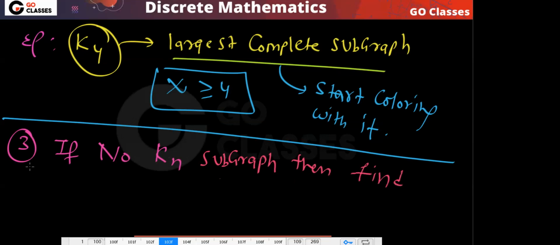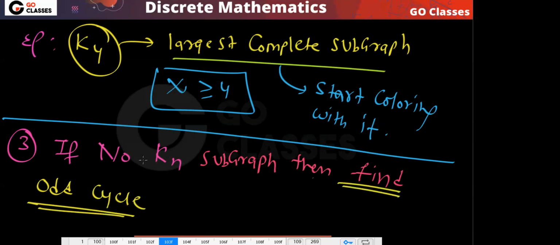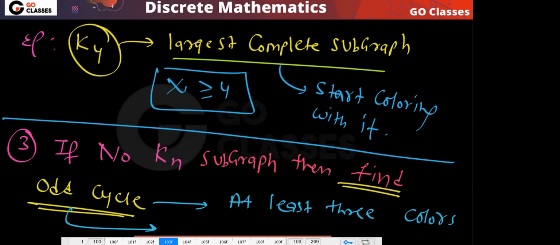Why odd cycle? Because an odd cycle needs how many colors? An odd cycle needs at least 3 colors. So this odd cycle will tell you that at least 3 colors are needed.